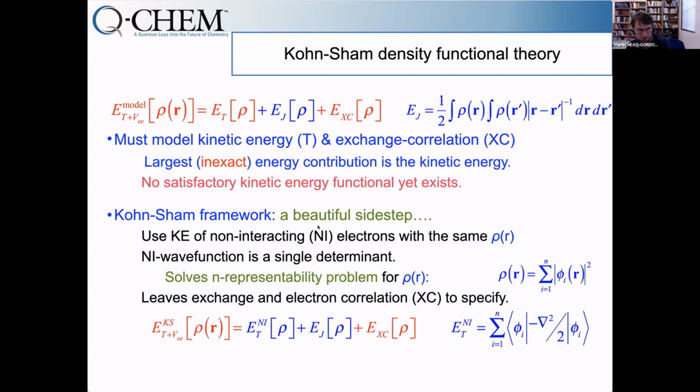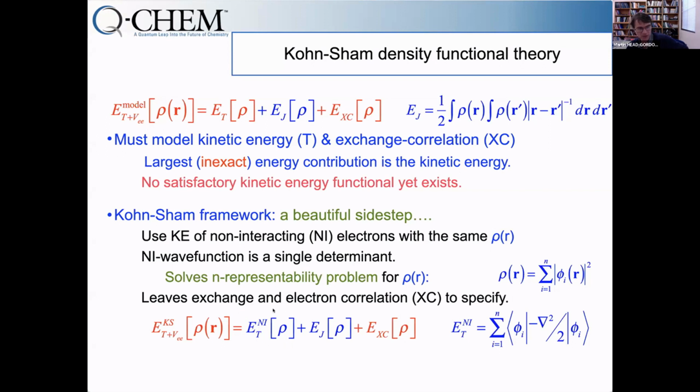We need a wave function, a single determinant that describes exactly a set of non-interacting electrons whose density is the same as the real physical system. And this solves both of the dominant problems with true density functional theory. We will now evaluate the kinetic energy exactly for the non-interacting electrons.